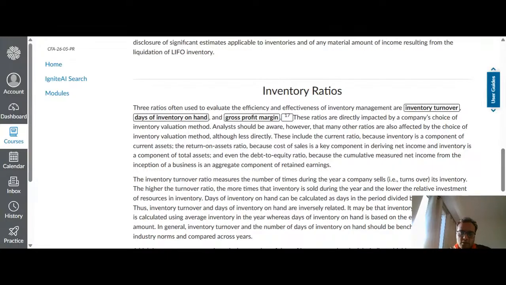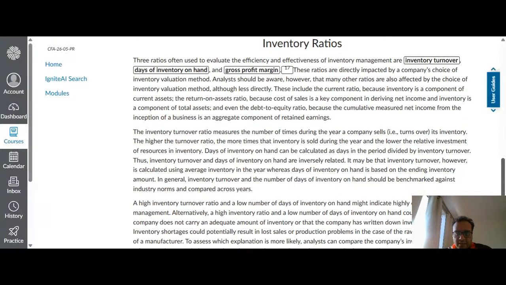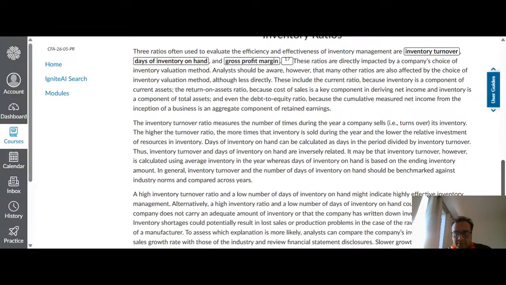The inventory turnover ratio measures the number of times during the year a company sells its inventory. Example, let's say 100,000 divided by 1000, which is 100.